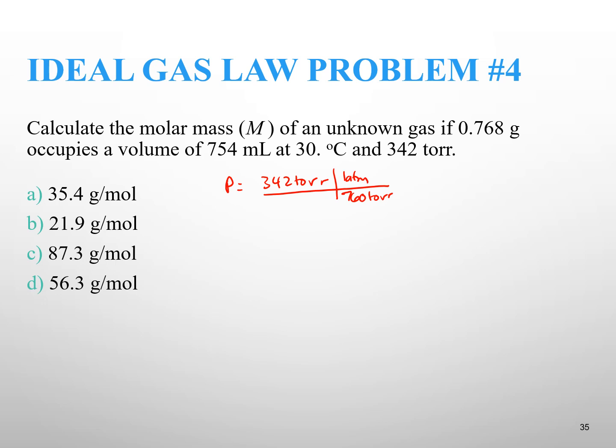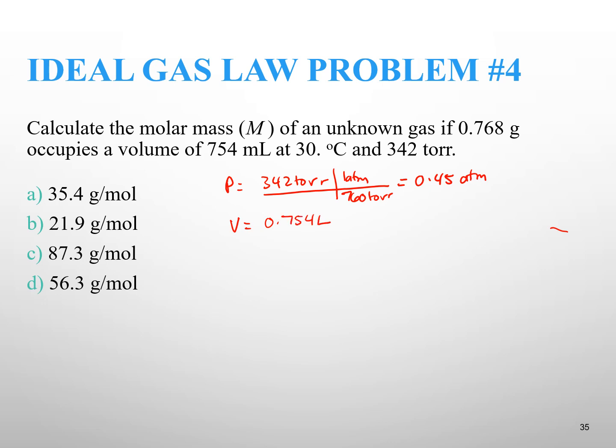Let's see what that is. 342 divided by 760, that atm is going to be 0.45. So that's our first one. And then our volume, we have to use liters though, so 0.754 liter.